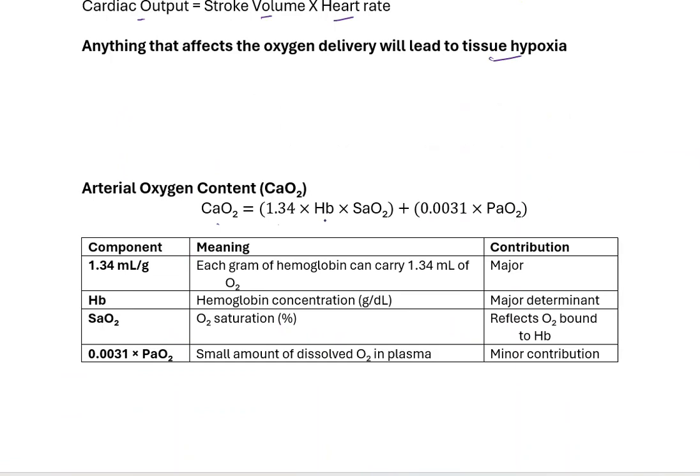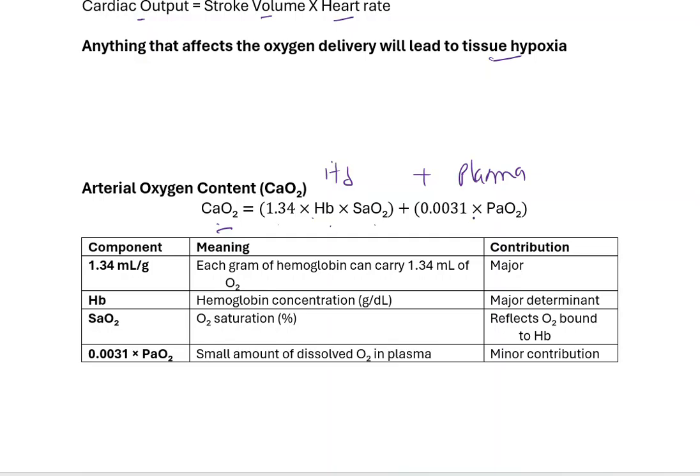So let's now look at the arterial oxygen content. Like I mentioned earlier, the arterial oxygen content will be the combination of both the oxygen in the plasma, plus the oxygen on the hemoglobin. The oxygen on the hemoglobin will be 1.34 multiplied by hemoglobin multiplied by your oxygen saturation, right?